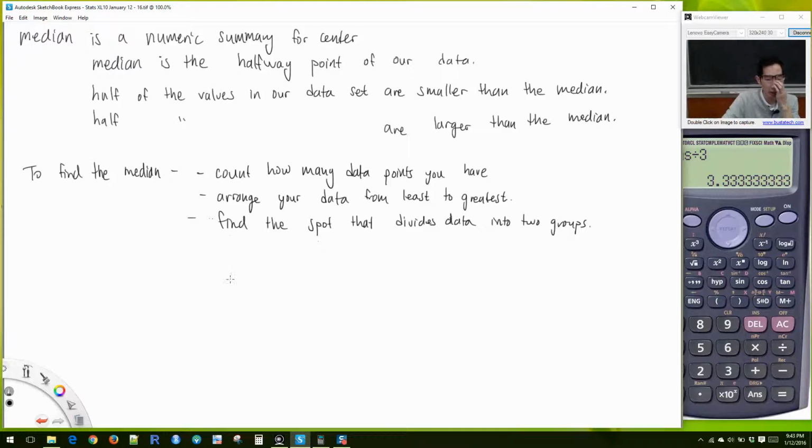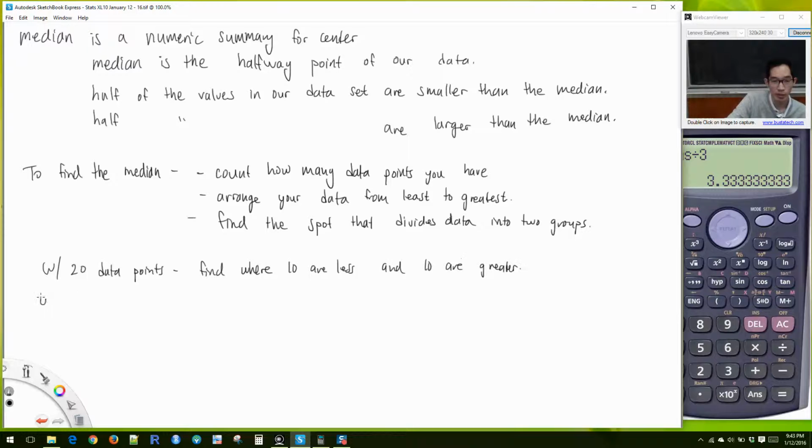Okay, so, you know, with 20 data points, 10 are less, and 10 are more, or greater.